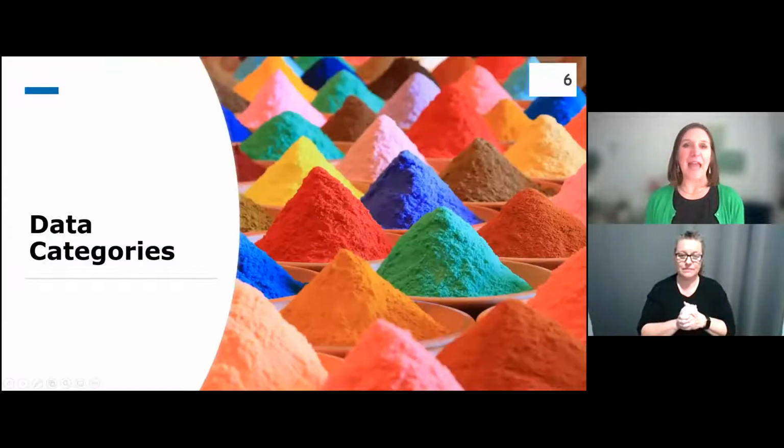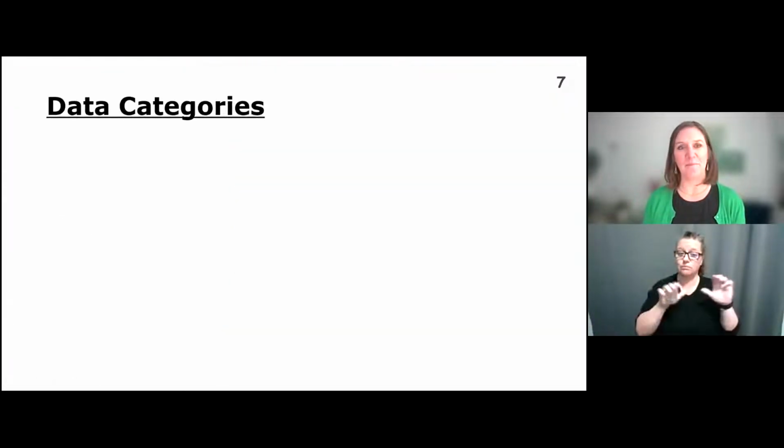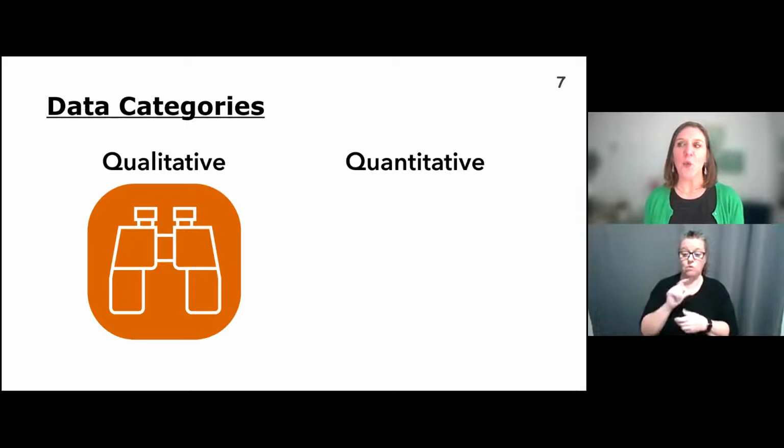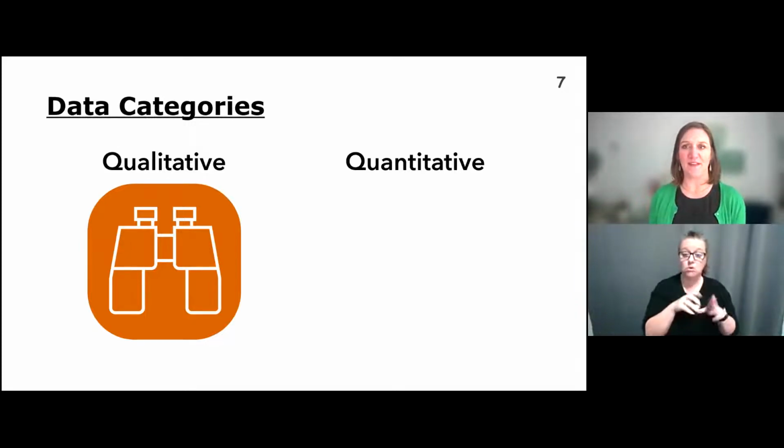So data can be categorized in multiple ways. At the highest level, it is first broken down into one of two categories, either qualitative or quantitative. Qualitative or categorical data describes the quality and characteristics of something. It is non-statistical. Examples of sources include open-ended responses on surveys, focus groups, interviews, and observations.